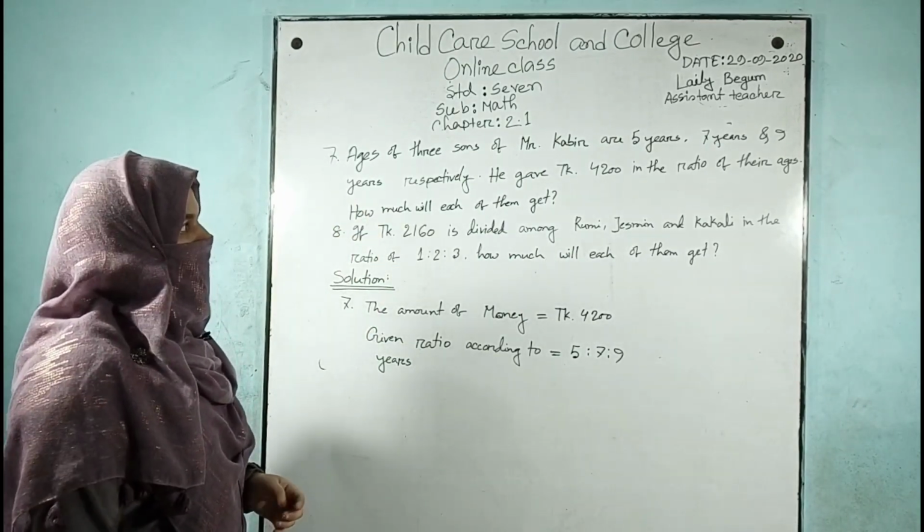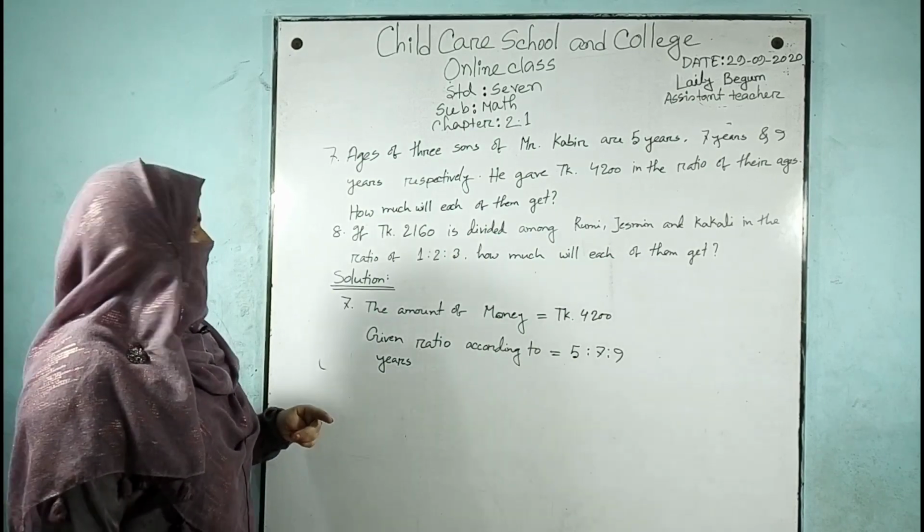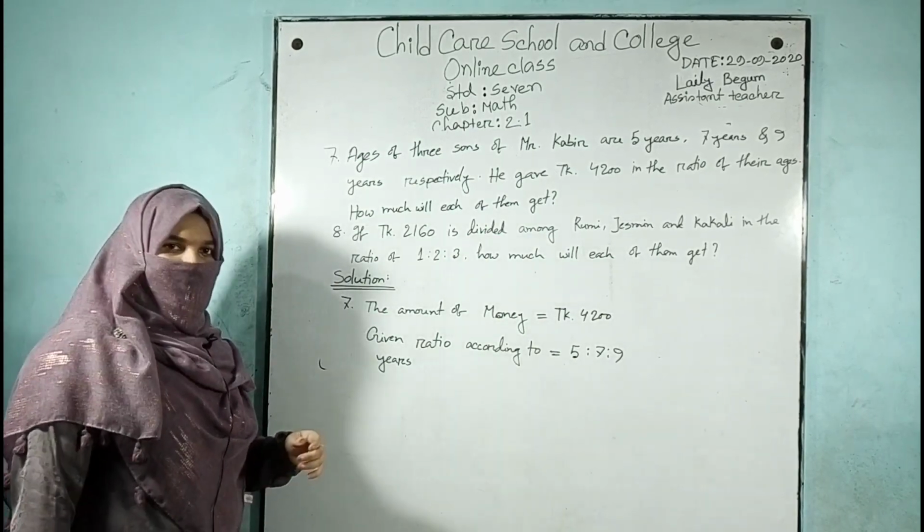He gave Taka 4,200 in the ratio of their ages. How much will each of them get?